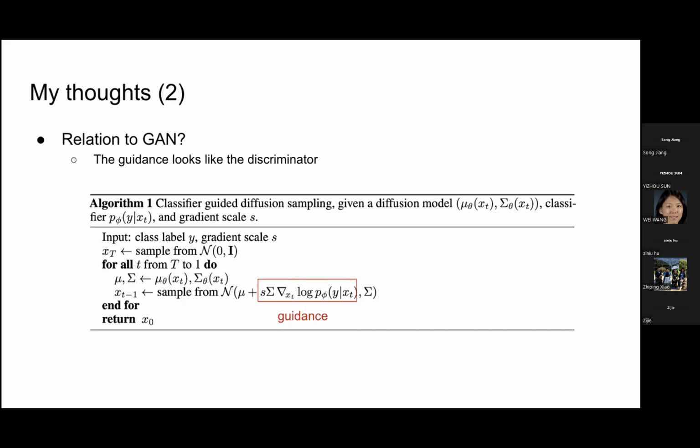I thought we were going to pre-train this classifier, and then for any XT, you can always output that conditional probability for any Y. Of course, for conditional generation you have to specify Y, but it's not about assigning a label.